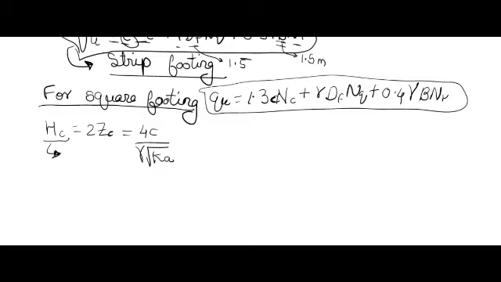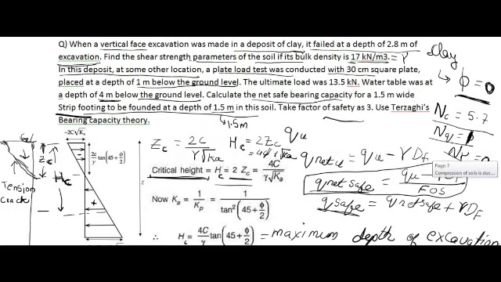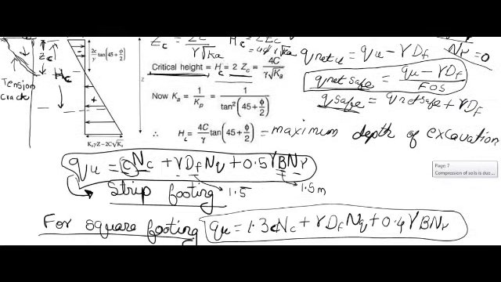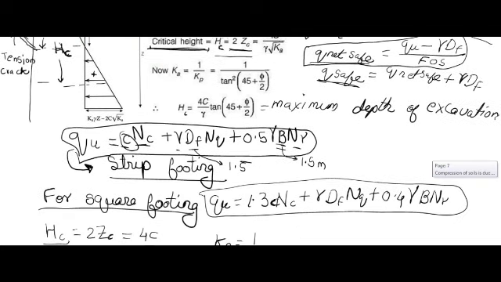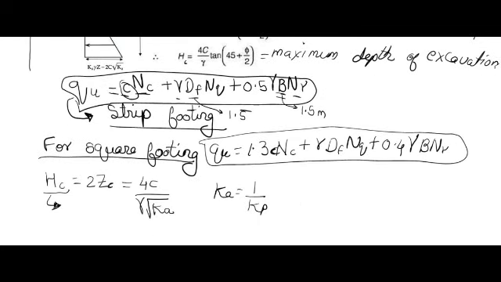Okay, this Ka is equal to 1 by Kp, and Kp is 1 by tan square (45 degree plus phi by 2)... Kp is nothing but equal to 1 by tan square (45 degree plus phi by 2).